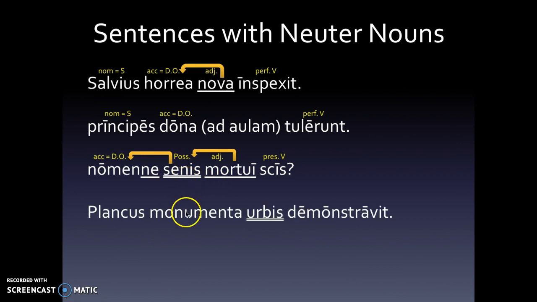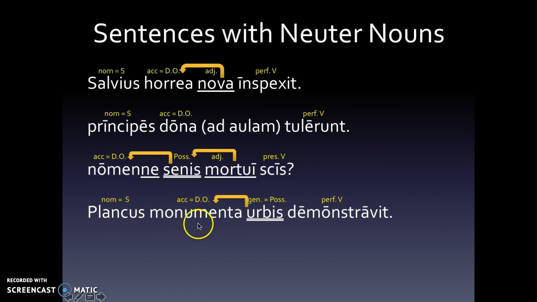All right, Plancus monumenta urbis demonstravit. Urbis is a possessive, and it makes sense for it to be possessing the monuments right next to it. Plancus is easy, that's nominative singular. Monumenta is a little bit more difficult. It ends in an A. You might think that it's a first declension nominative singular, but again, Plancus has to be nominative singular, so that takes that option away.